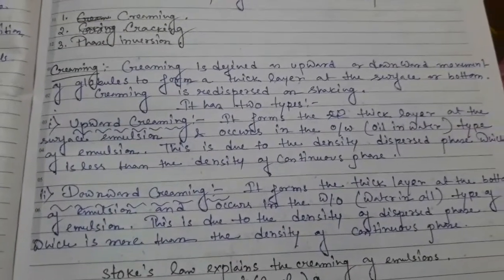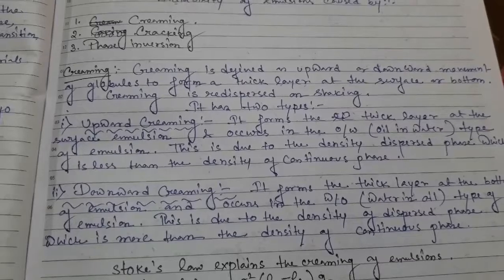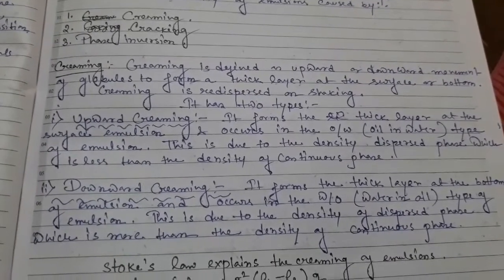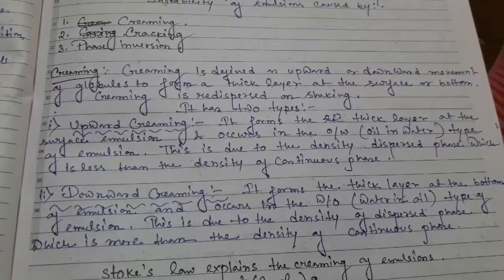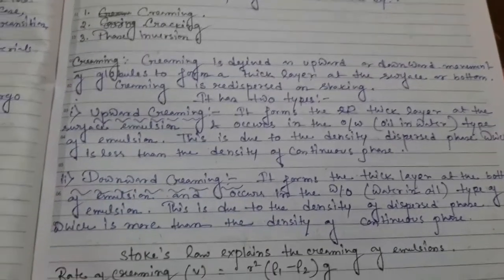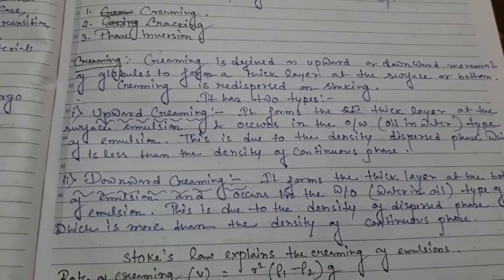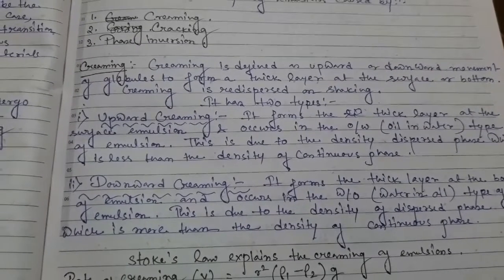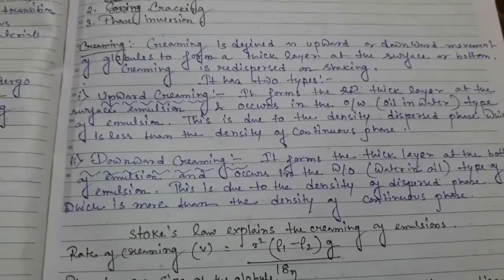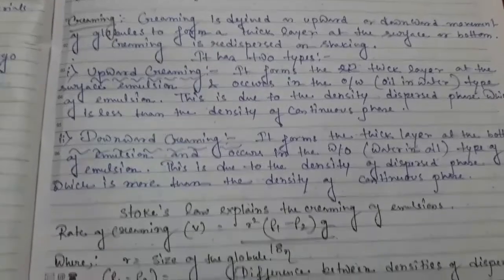Okay, so what do you mean by creaming? Creaming is defined as an upward or downward movement of globules to form a thick layer at the surface or the bottom of the emulsion. That thick layer is called creaming.